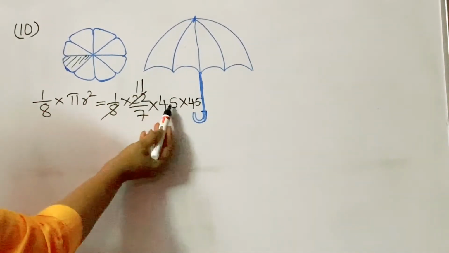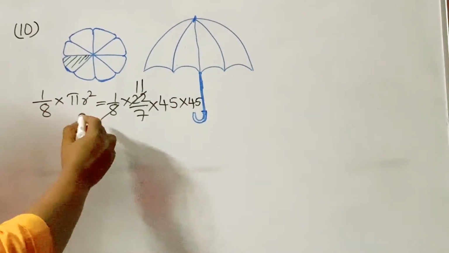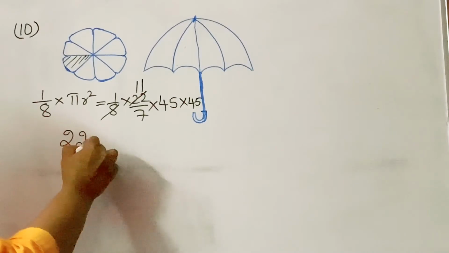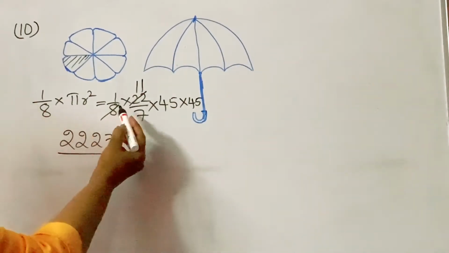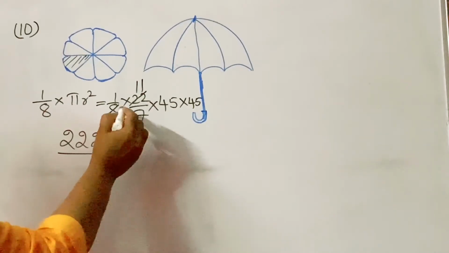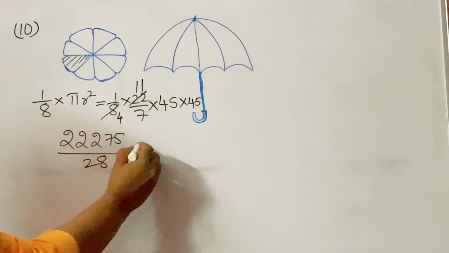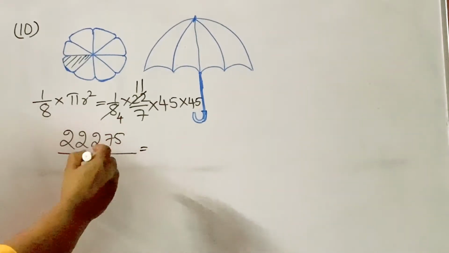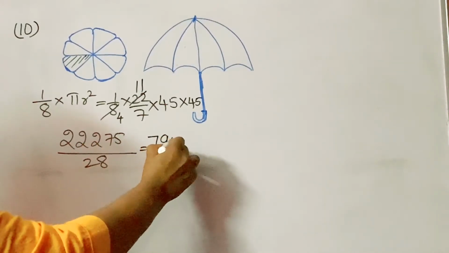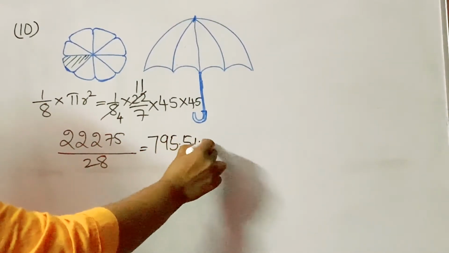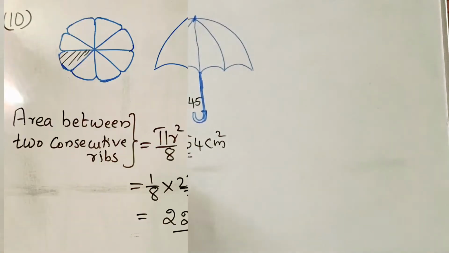It is 11 into 45 into 45, that is 22,275, divided by here, 4 sevens are 28. That is 795.54 centimeter squares.